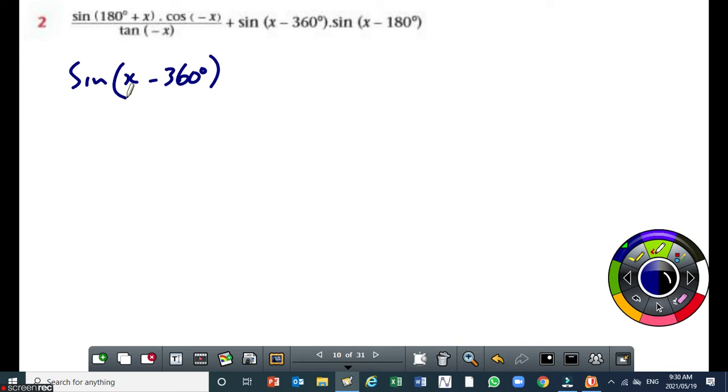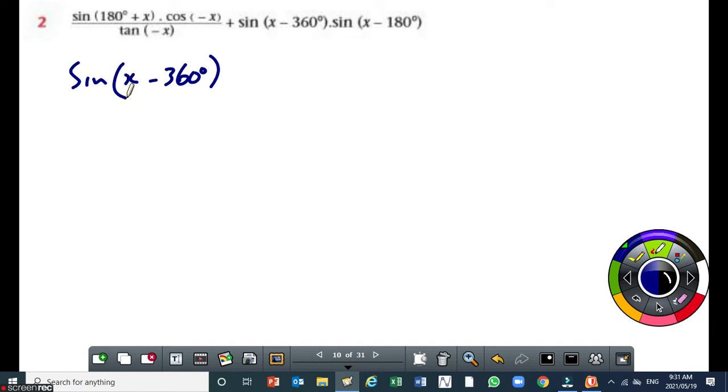Please don't confuse 360 minus x and x minus 360. It will be the first quadrant. How do you know that it's in the first quadrant?